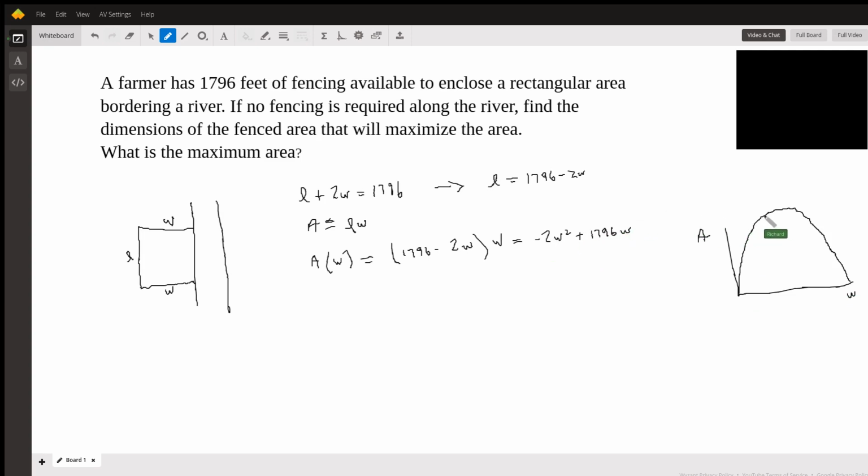So obviously the maximum here is achieved at the vertex. And you're supposed to know somewhere along the way in your Algebra II class that the x-coordinate here is negative b over 2a. So let's go ahead and find that.